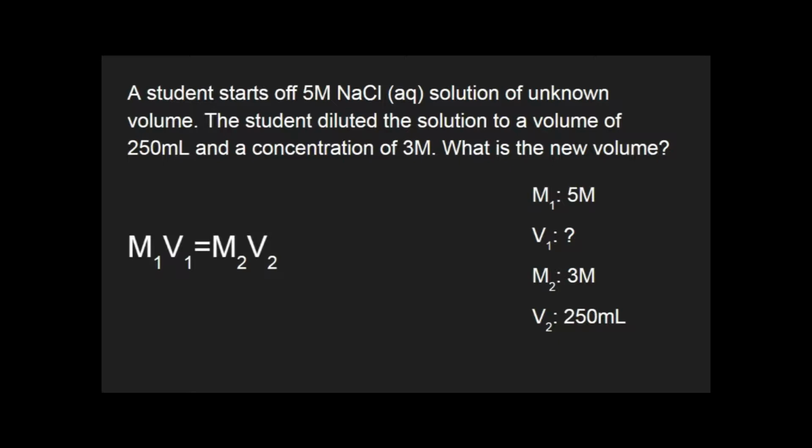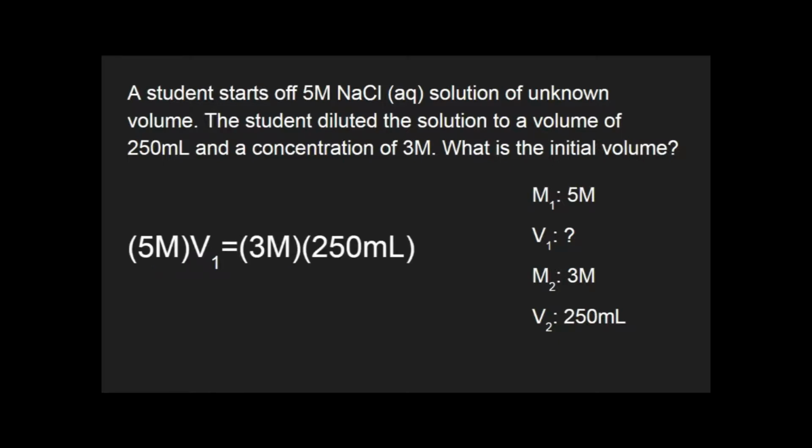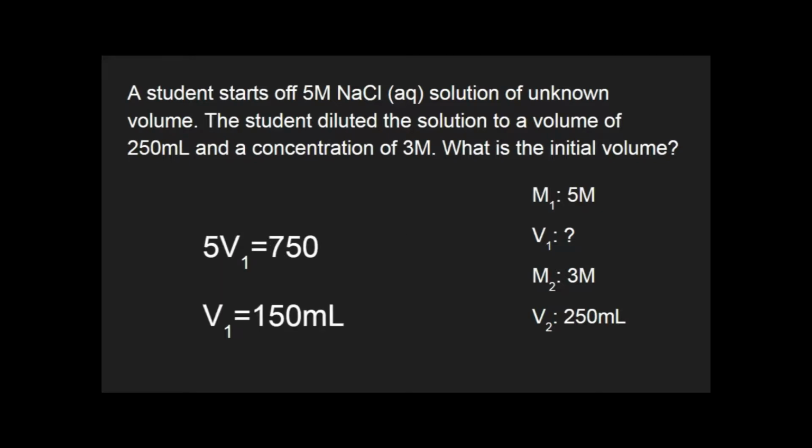The initial concentration is 5 molar, the new concentration is 3 molar, and the new volume is 250 milliliters. Plugging in, I get that 5 molar times the initial volume is equal to 3 molar multiplied by 250 milliliters. Combining the terms on the right side, we get 750. So 5 times the initial volume equals 750. Lastly, we divide by 5 on both sides to get that the initial volume is equal to 150 milliliters.